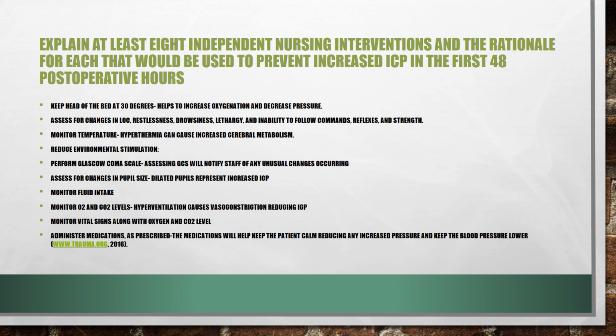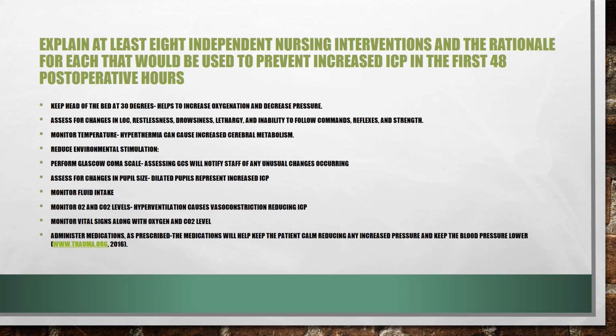We're going to explain at least 8 independent nursing interventions and the rationale for each that would be used to prevent increased intracranial pressure in the first 48 hours post-operative. First, we're going to keep the head of the bed at least 30 degrees to help increase oxygenation and decrease pressure.